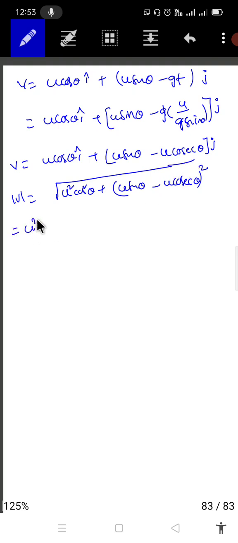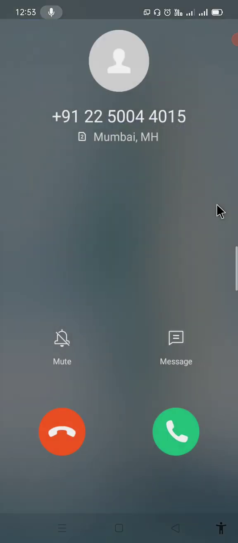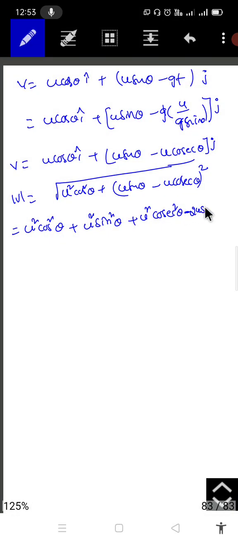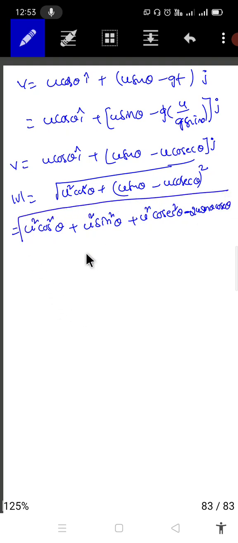Now this is u square cos square theta plus, with a square plus b square, u square sin square theta plus u square cosecant square theta, minus 2ab, which is 2 u sin theta into u cosecant theta, all under the root.